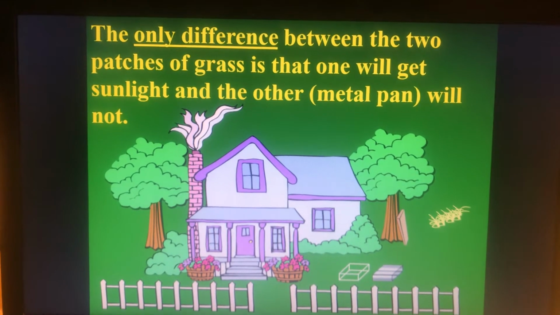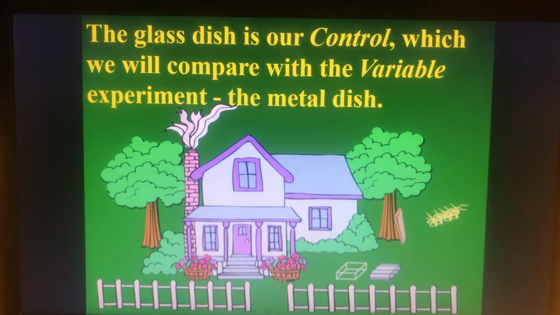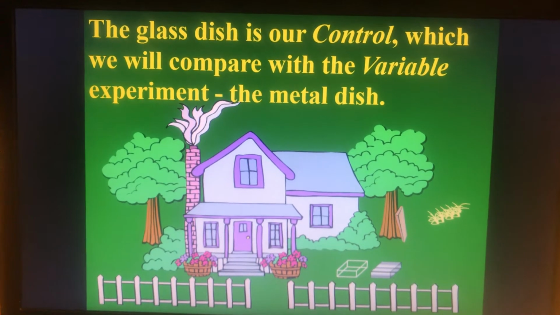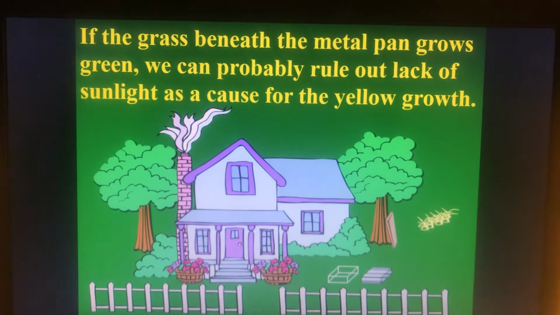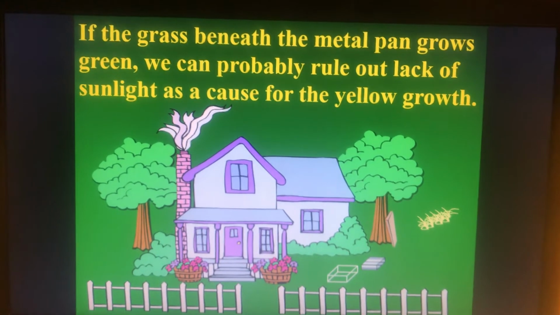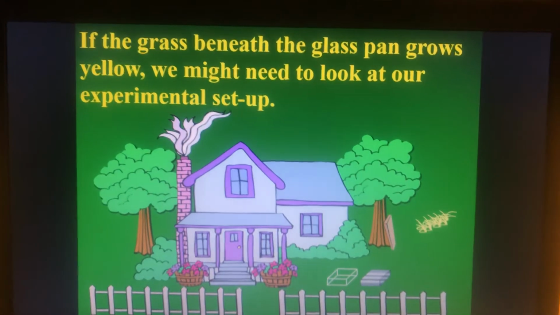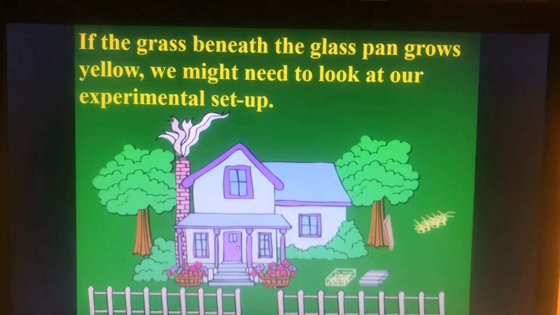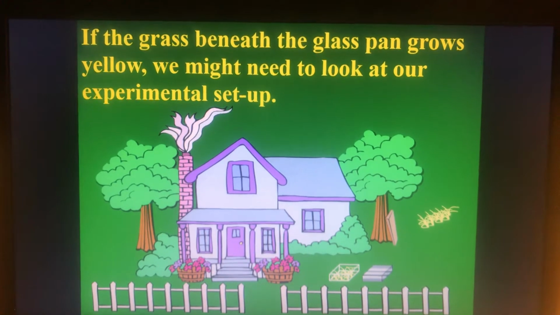The glass dish is our control, which we will compare with the variable experiment, the metal dish. If the grass beneath the metal pan grows green, we can probably rule out a lack of sunlight as the cause of the yellow growth. But if the grass beneath the glass pan grows yellow, we might need to look at our experimental setup.